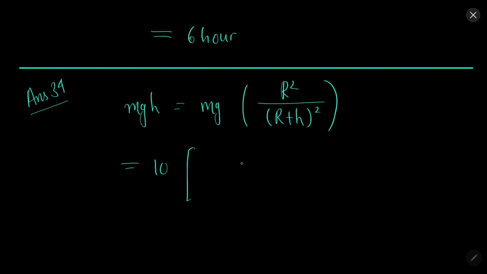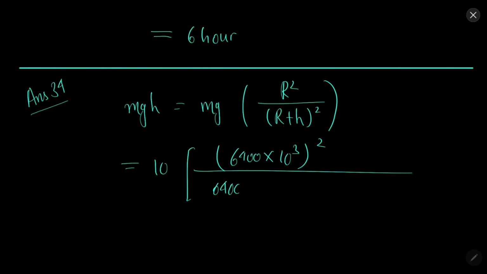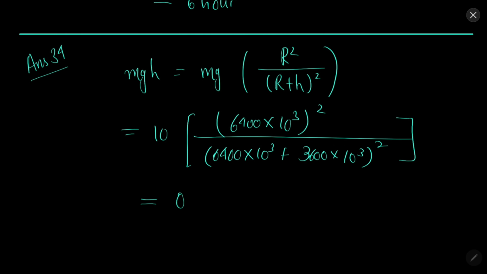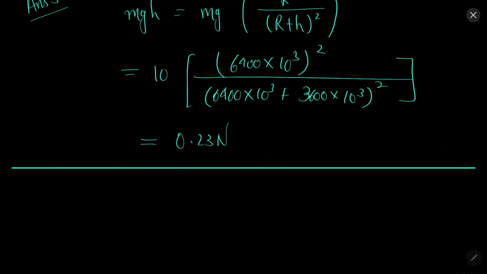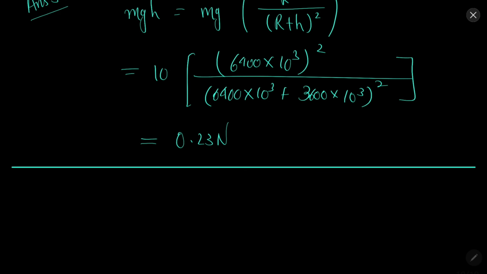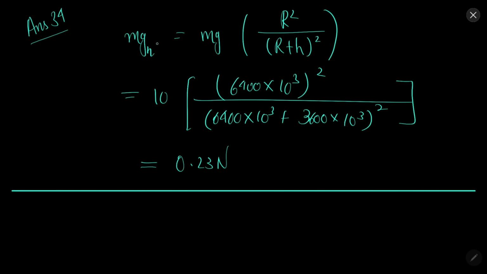So 10 into 6400 into 10 to the power 3 square over 6400 into 10 to the power 3 plus 3600 into 10 to the power 3 square. So from this 0.23 Newton will be the answer. This should be mg h, the weight at height h. Okay.